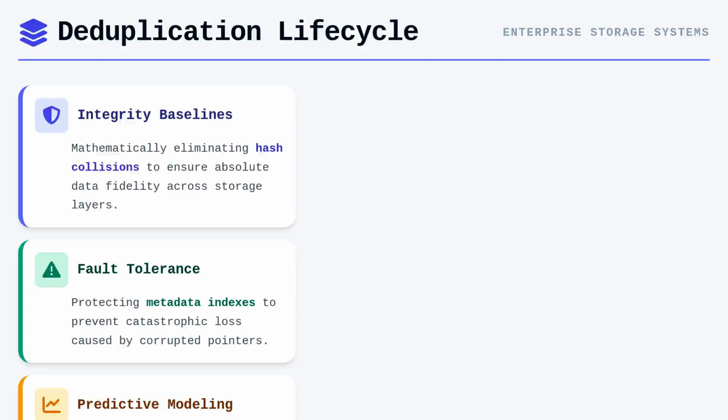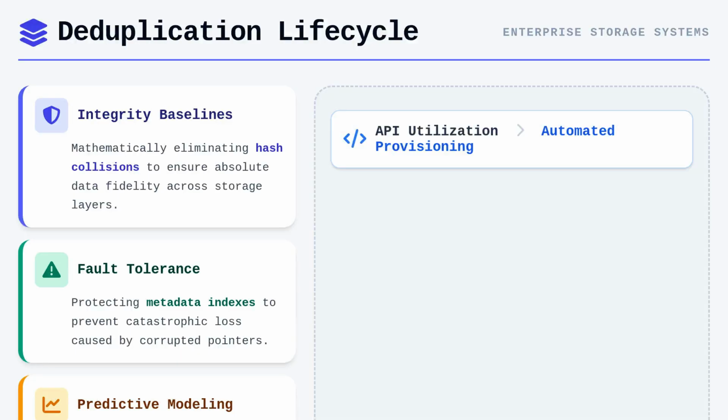Predictive failure modeling within these systems monitors the rate of incoming unique data versus redundant patterns to provide alerts when disk capacity is approaching its effective limit. API utilization allows administrators to query these metrics programmatically, enabling automated provisioning scripts to react when deduplication ratios fluctuate beyond established baselines.